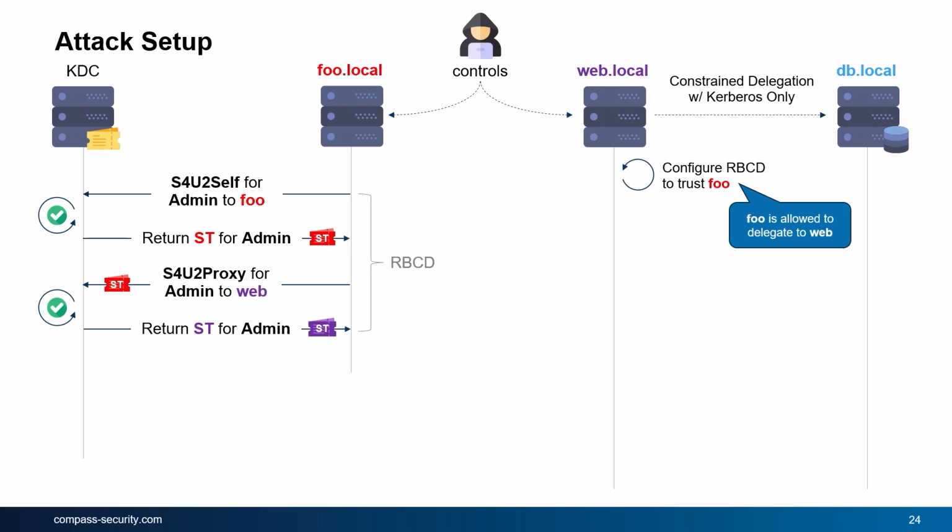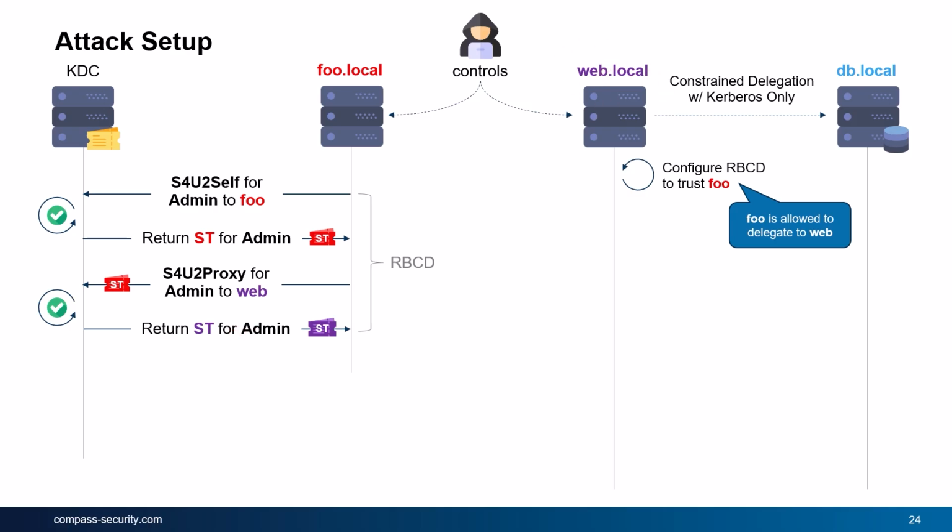Now this flow that we've just talked about is essentially resource-based constrained delegation. It's exactly what we've seen before in the abuse scenario. It's S4U2Self and S4U2Proxy chained together, and the result is an impersonation ticket in the name of admin, in our case, for the target system web.local.